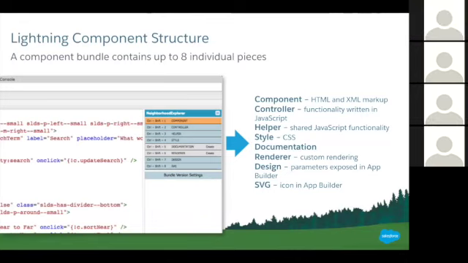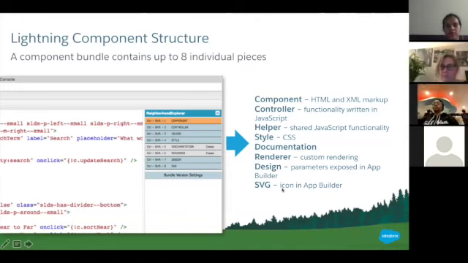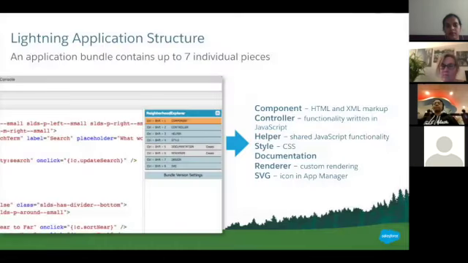These are the 8 pieces that we can have in components, all the way from our component markup that we're going to talk about, our controller and helper markup, which is where our JavaScript goes, and custom style, all the way down to a custom icon so that it can appear in App Builder. If you're building an application, you can only have 7 files in it, and the file that drops out is actually the design file.